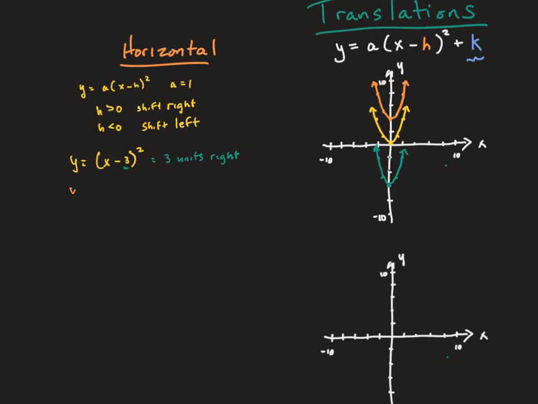And then if I have y is equal to x plus 2 squared, if we rewrite that, that looks like y equals x minus, because that's my formula, minus a negative 2 squared. And that equals 2 units left, because that is a negative 2. It is less than 0.